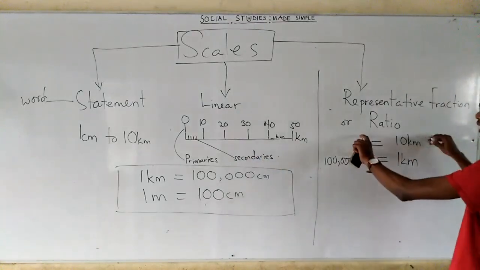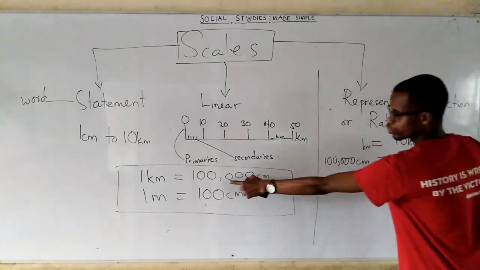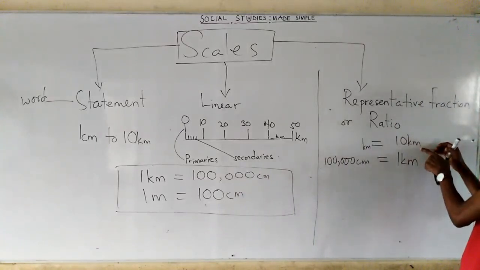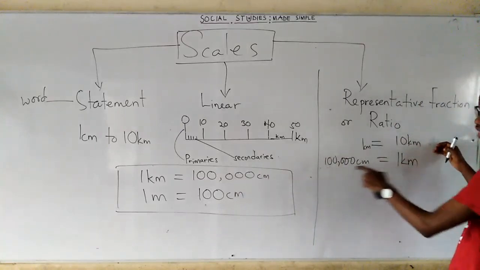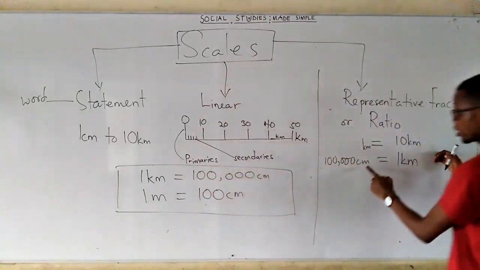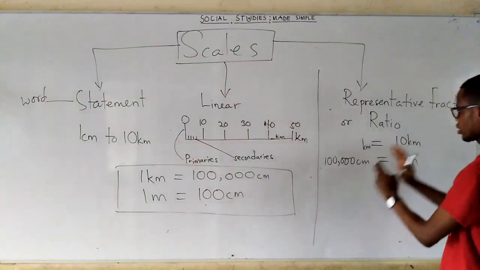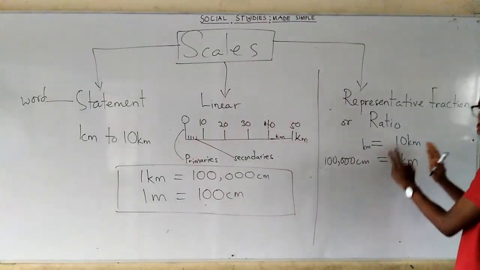Again, you just write the scale given, and then you choose the formula. Because the scale given, the actual distance is in kilometers, you choose the formula that has what? The kilometers. And we said you group the centimeters on one side and the kilometers on one side.